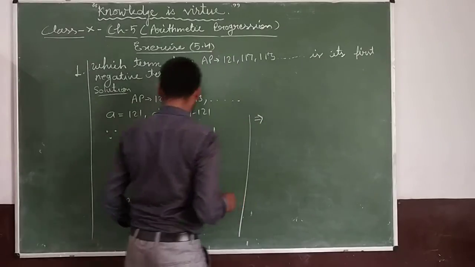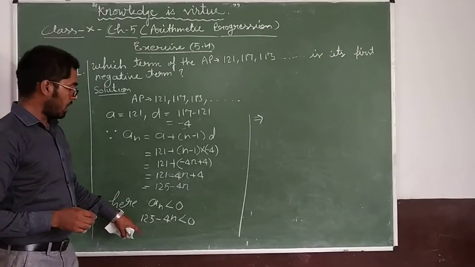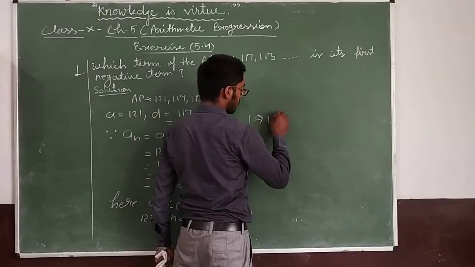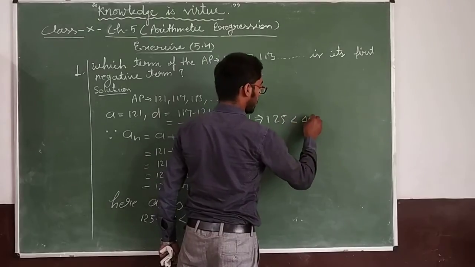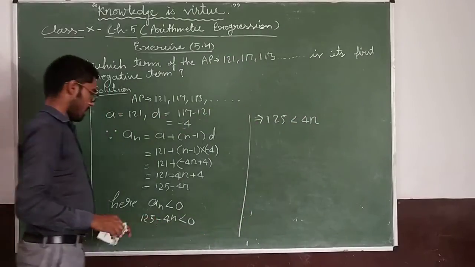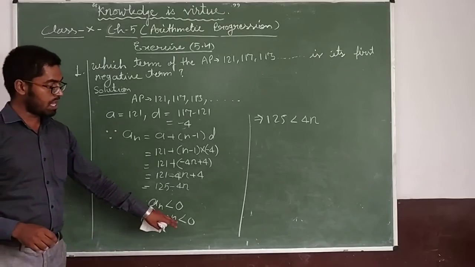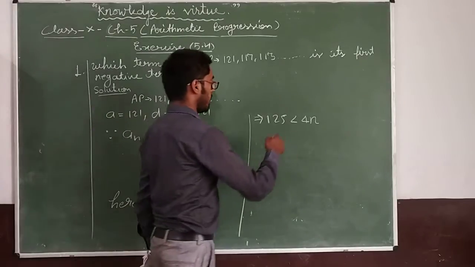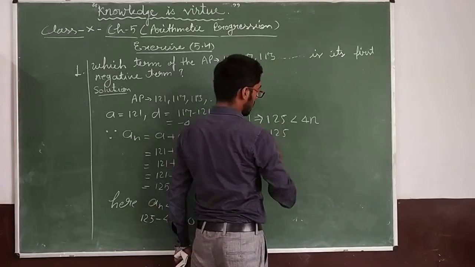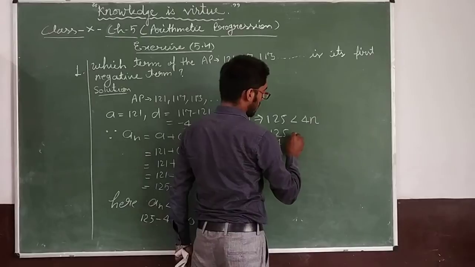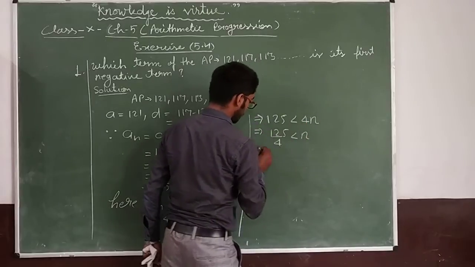So 125 is less than 4n, because when 4n is transposed to the other side it becomes positive. Now 125 upon 4 is less than n.